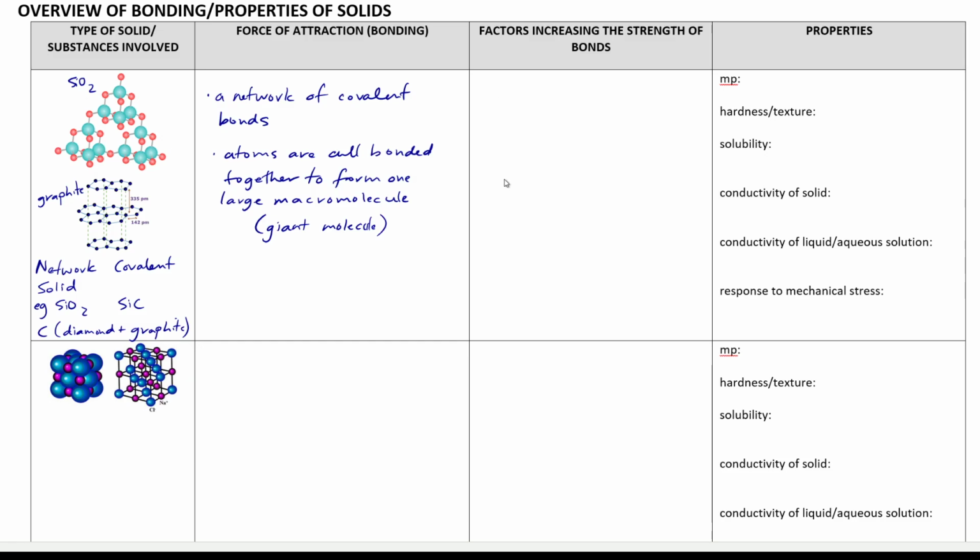The factors that increase the strength of the bonds, well, this depends on the shape and geometry of the covalent network.